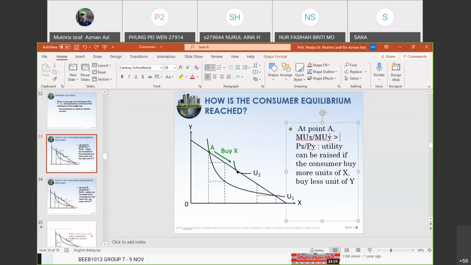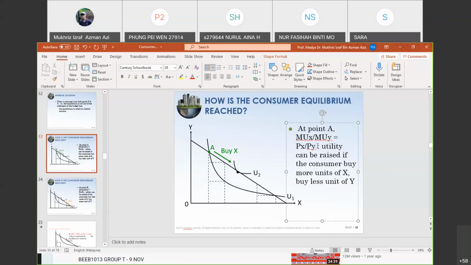If this is bigger than this one, you cannot change the price of X or Y, because that is beyond the consumer's control. The price of X and the price of Y is outside your control. If you go to the shop, you cannot ask the seller to change the price. So what you can do to be at equilibrium is to change this combination so that it will be equal to the ratio of PX over PY.